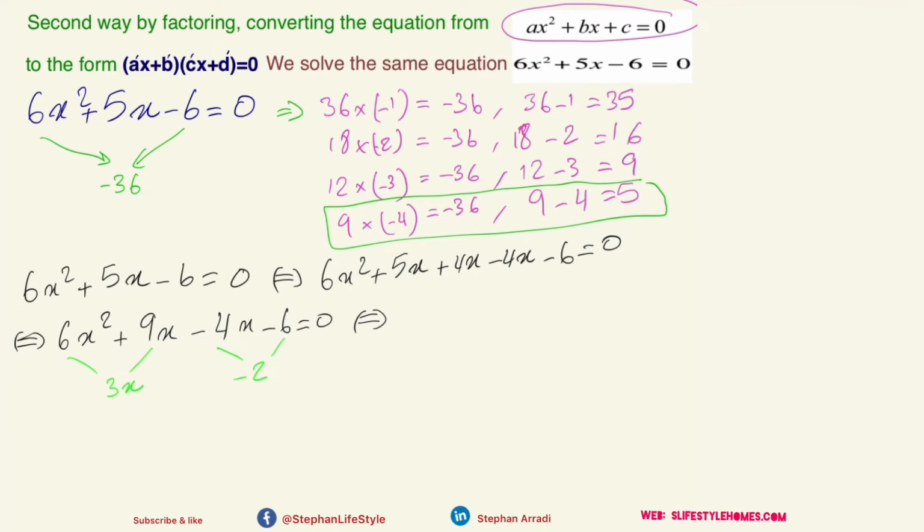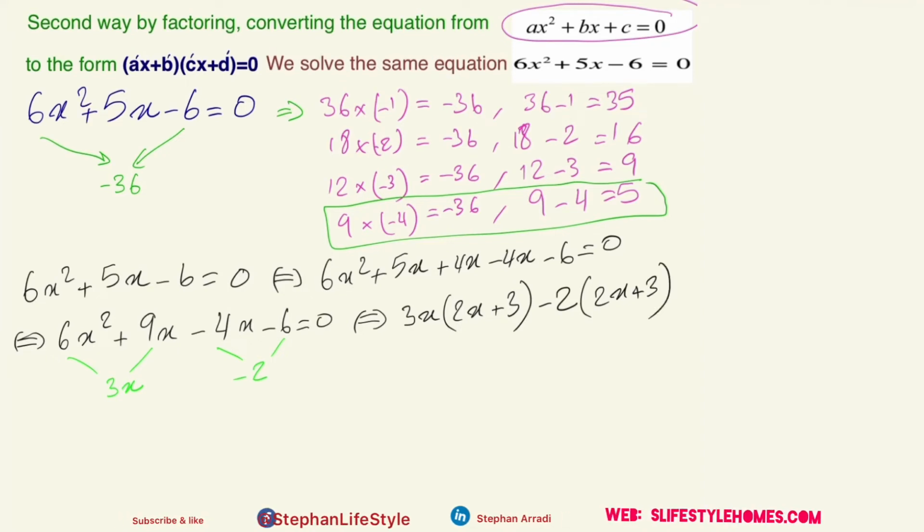So what is this going to give us? It is going to give us 3x times 2x plus 3, minus 2 times 2x plus 3.